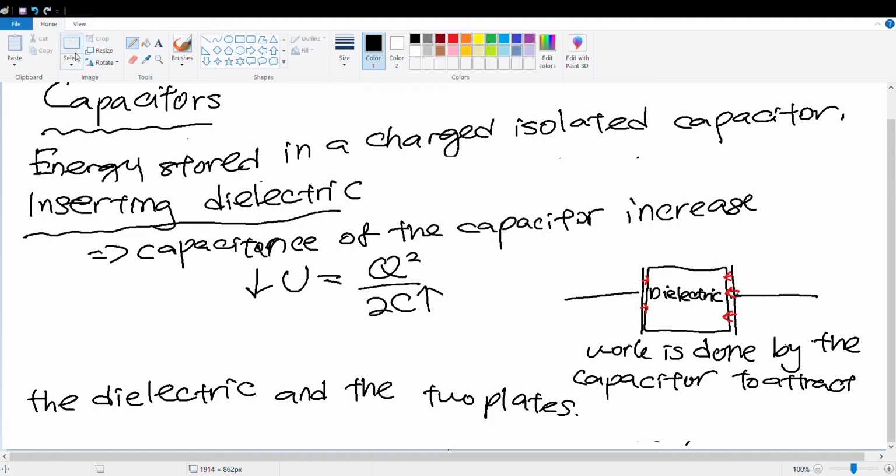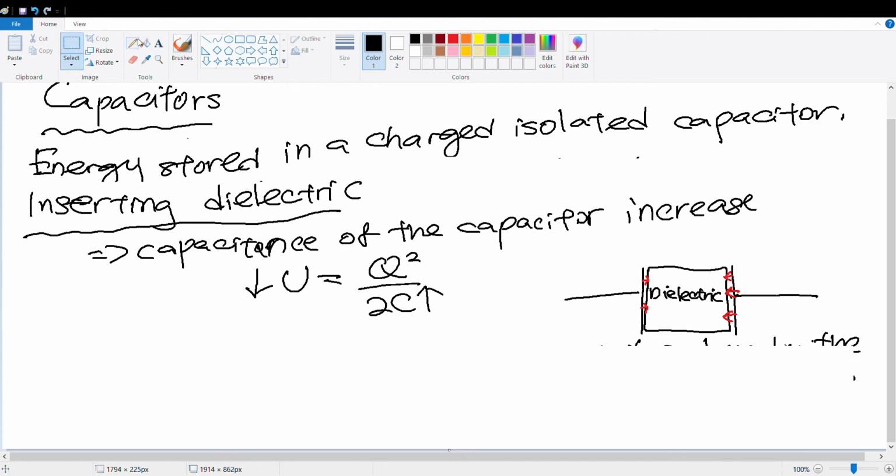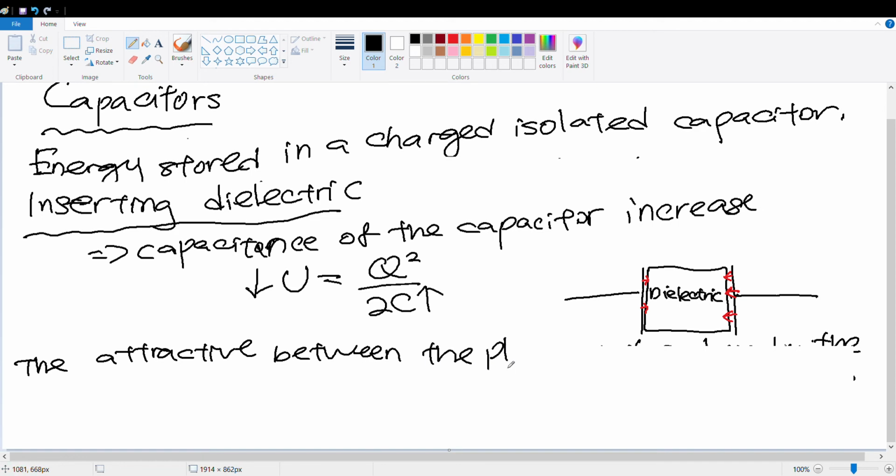Let me rewrite again. The decrease in energy is due to the attractive force between the plates of the capacitor and the dielectric.